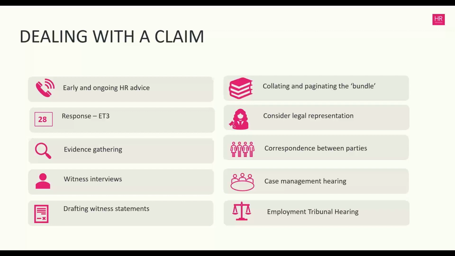Then you've got all the correspondence between the parties. There has to be clear and professional correspondence between the claimant and their legal representatives throughout that process. It involves exchanging information, possibly negotiating a settlement or agreeing tribunal procedural matters, for example, but there's a lot of time and effort involved in that. And then towards the end, as you get nearer to the tribunal date, you have things like your case management hearing.